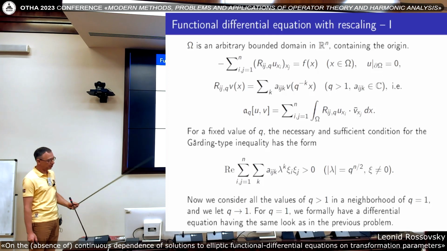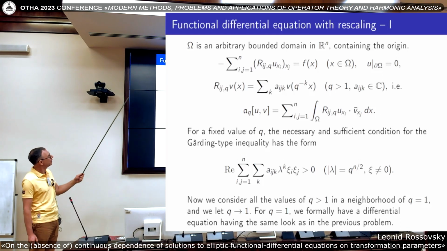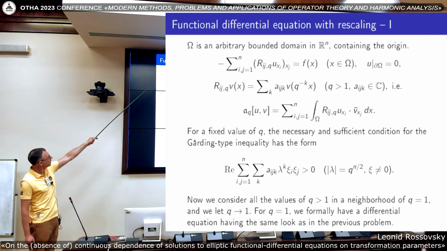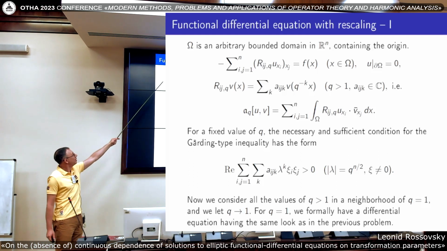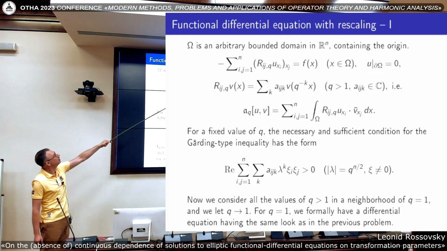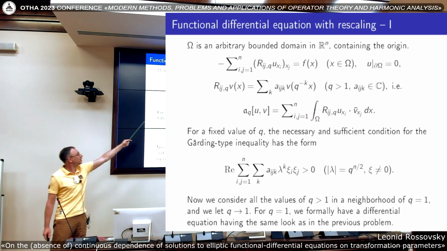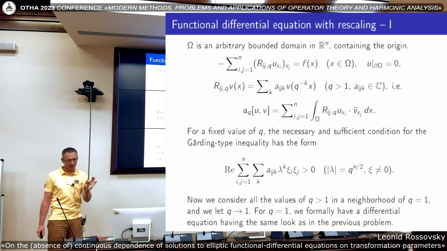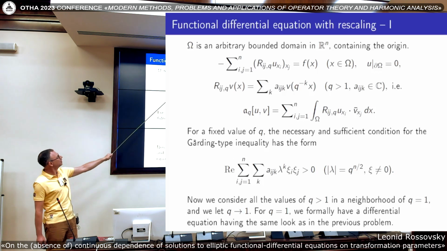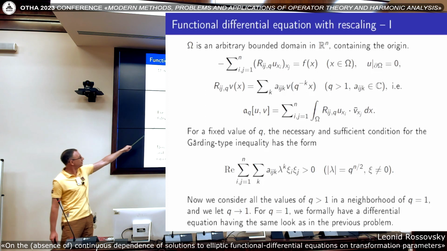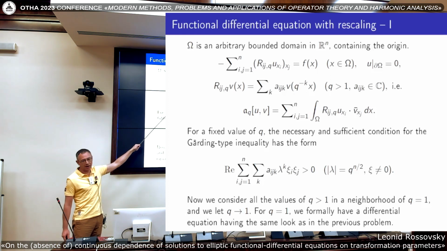And the second example: we consider an arbitrary bounded domain in Rn containing the origin. This is very important. And we consider the operator of a very similar structure. But now, instead of difference operators, we consider operators with rescaling.